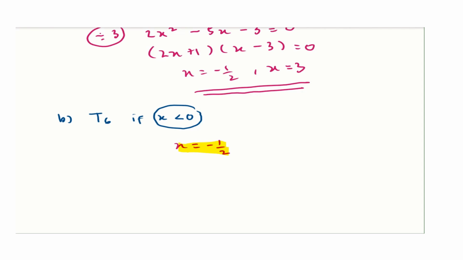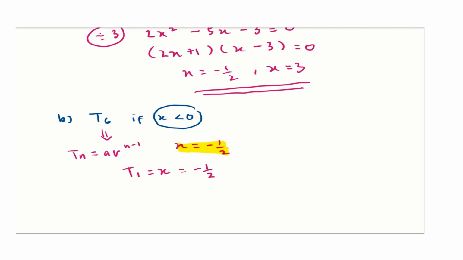Okay. So then to find T6, we will use the formula Tn equals A multiplied by R to the power n minus 1. So n is replaced with 6. But A and R we don't know, so we can find them. Since T1 is equal to x, T1 is equal to negative 1 over 2.